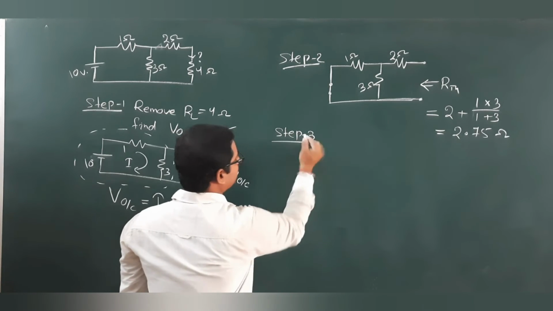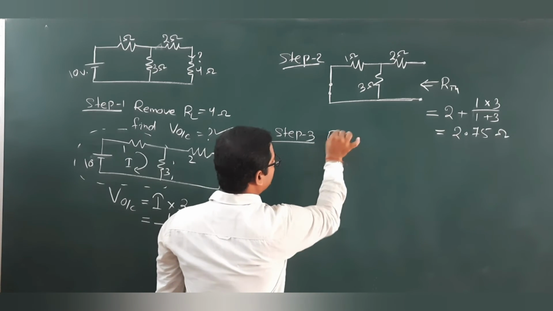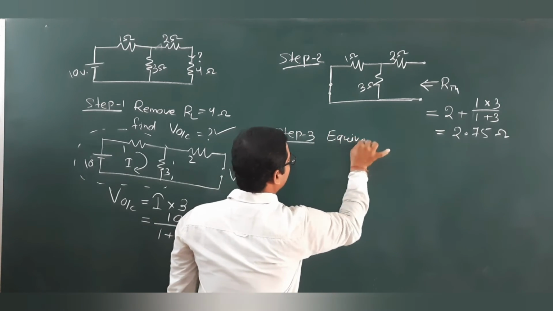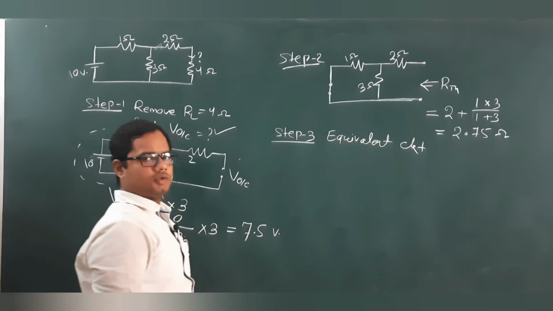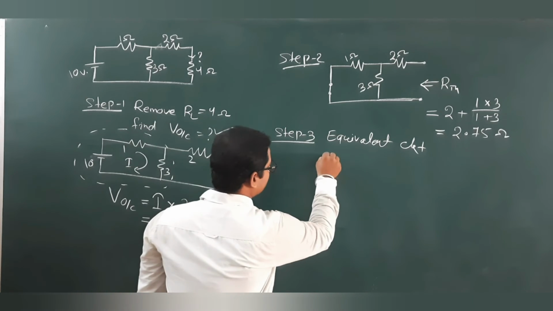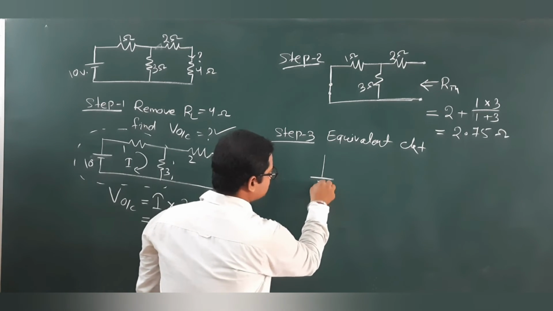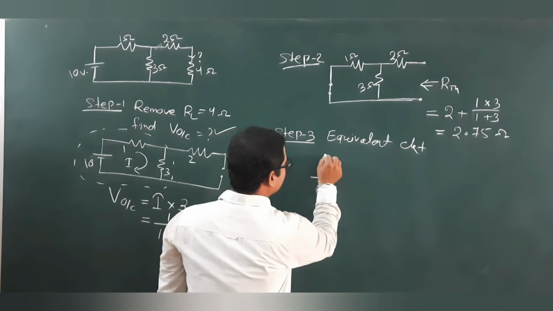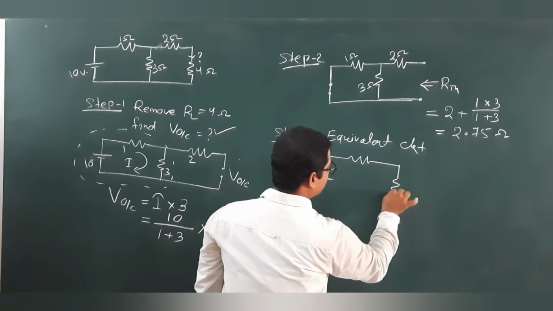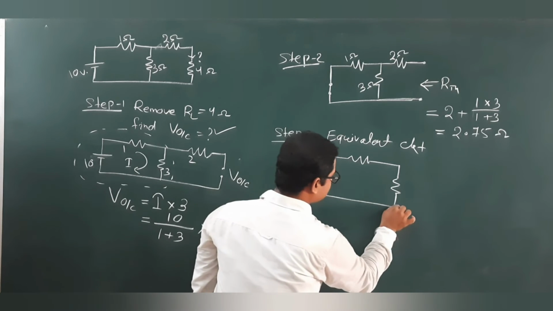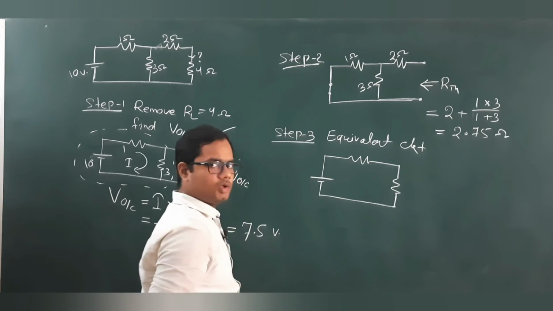Now step number 3: draw your equivalent circuit. The equivalent circuit will be a voltage source with your equivalent resistance, or you can say the Thevenin resistance, in series with your load resistance.